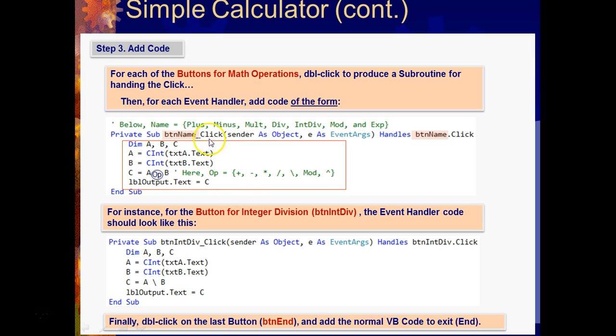Next time we do this, we'll do it for minus. Then this will be minus and this will be minus. And here we'll say that C equals A minus B, because that's what we want to compute for the minus button.